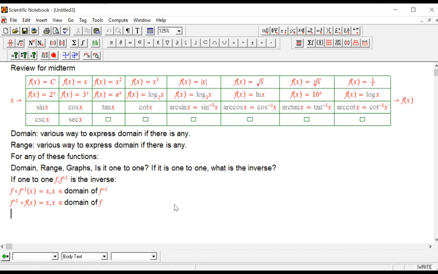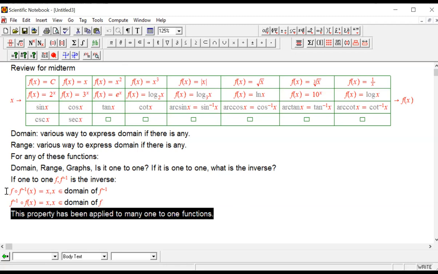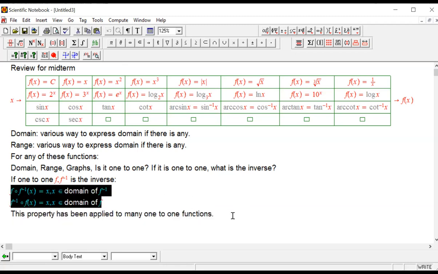These x's are merely placeholders, and this property has been applied to many one-to-one functions, and it has been emphasized during our lectures.